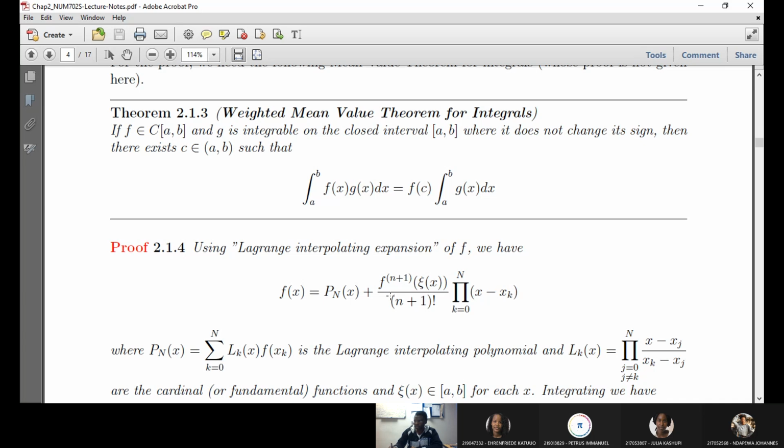All right. So what I'm saying is that here you have a function. Obviously, it is not this f.